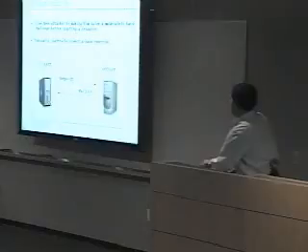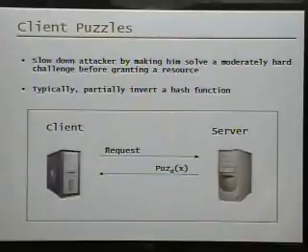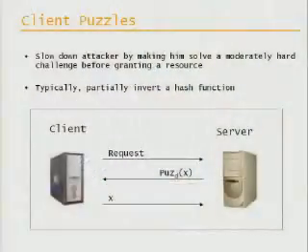What this means is a computational puzzle such that if you do d units of work, you can get the solution to the puzzle, which is x. So the server does some computation to generate the puzzle. Now the client has to do a much more expensive computation to solve the puzzle. And then the client can send back x. And the server says, OK, you passed the test, and now I'll let you have access to the resource.